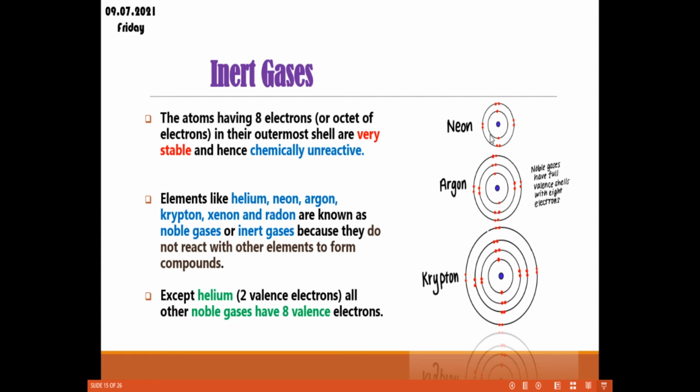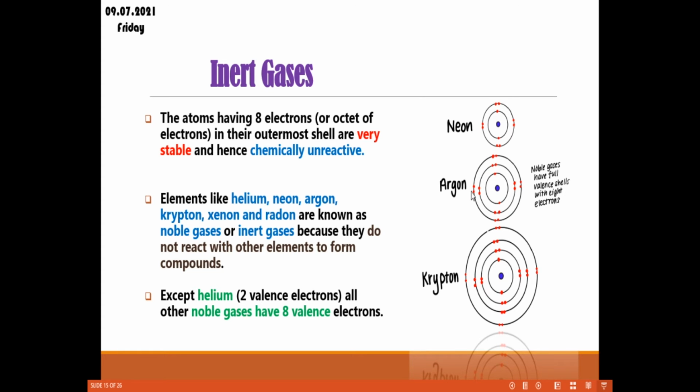Noble gases or inert gases have 8 electrons in the outermost shell, so they are very stable. That 8 electrons is what we call the octet of electrons. It is very stable and hence chemically unreactive.